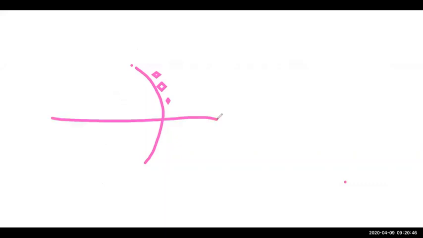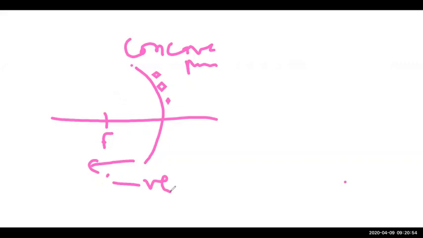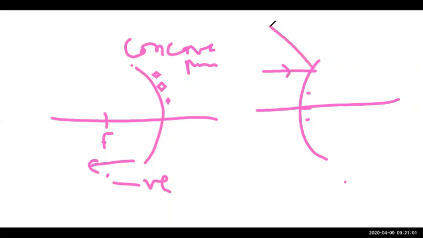So you can just see this focus is on the left hand side. That means this is your concave mirror. It is negative focal length. And if you are using the convex and we are using this kind of structure, then you can see this side is being used. Okay, so this is the positive.